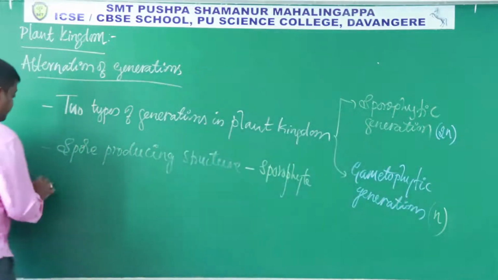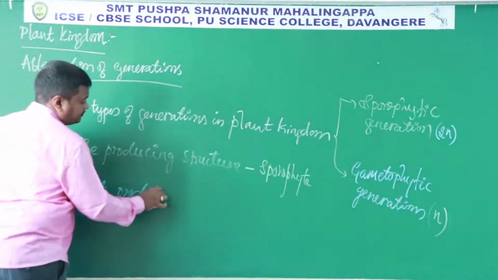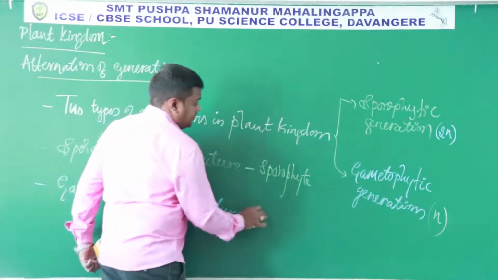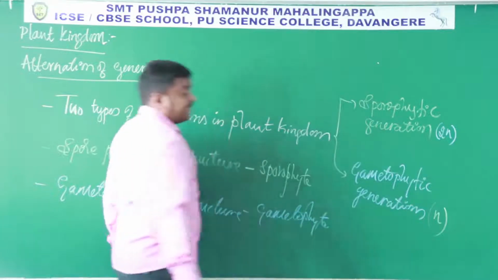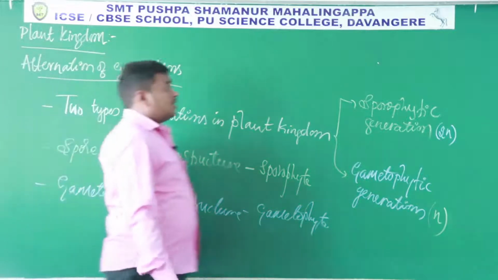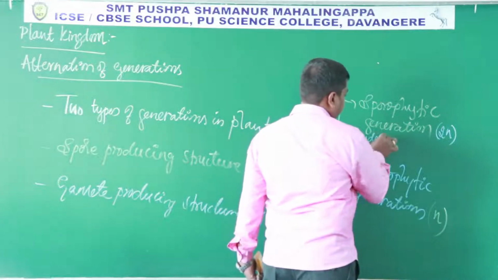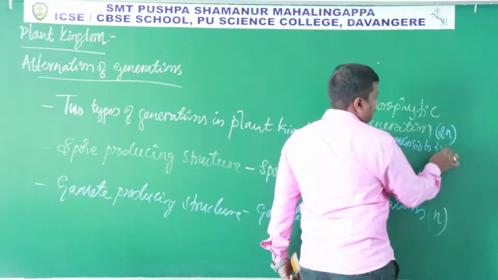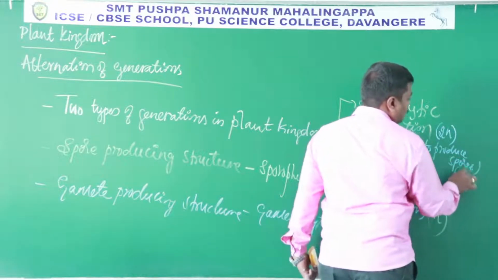In the same way, the gamete producing structure is the gametophyte. Usually the sporophytic generation undergoes meiosis to produce spores, and those spores are haploid.